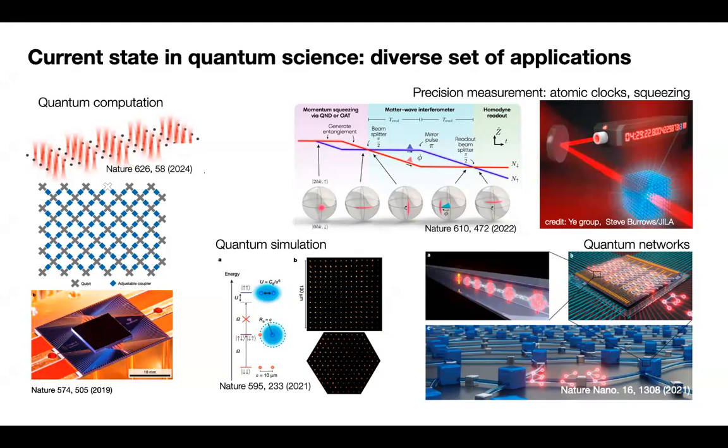And so there is not only a huge diversity in applications, but also a huge diversity in systems. Some examples in this slide include arrays of neutral atoms and also superconducting qubits. And it's not only that there are a lot of types of particles that can serve as qubits, there are also a lot of types of particles that serve as a mediator of interactions between qubits. These particles can be photons, or basically the bath can be the electromagnetic field.